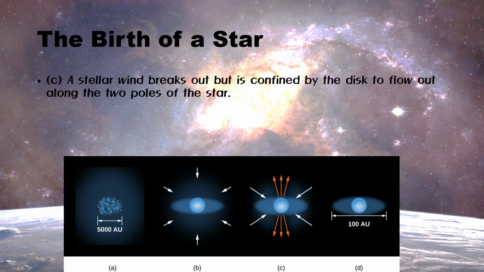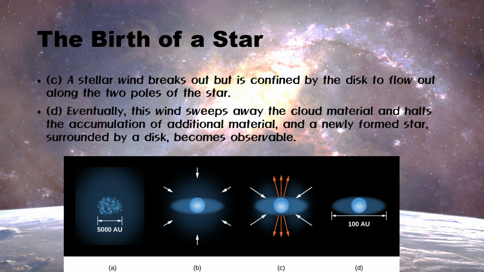Then, of course, we have stellar wind, which is going to break out but be confined by the disk to flow out along the two poles of the star. So it's got stellar wind, it's pushing things out. And eventually this wind is going to sweep away whatever cloud material was around the star and halt the accumulation of additional material, and a newly formed star surrounded by a disk then becomes observable.